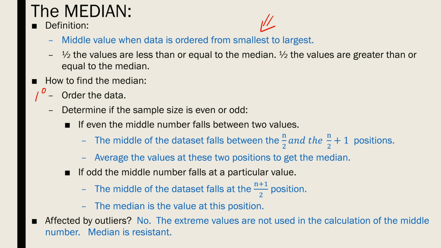If it is even, then the middle number falls between two numbers. The middle of a data set is between the n divided by 2 and the n divided by 2 plus 1 positions. Average the values at those two positions to get the median. These two positions mean n divided by 2 and n divided by 2 plus 1.